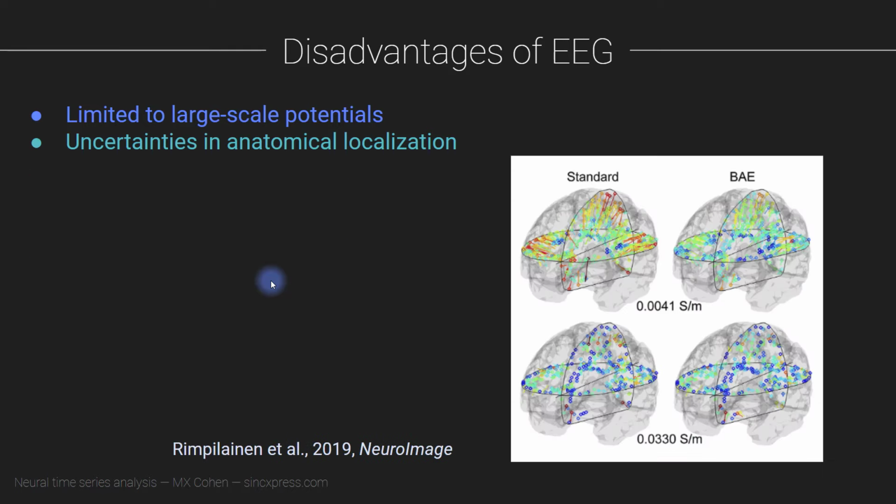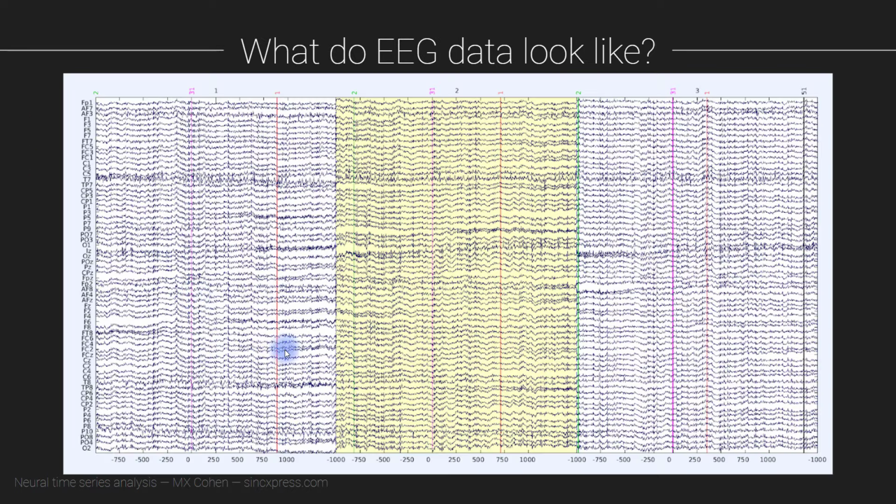And that's similar to this plot here, where I showed you that we can determine with millisecond precision exactly when the picture appeared on the screen and exactly when the research participant pressed the button. However, if you're studying a slower cognitive process, you might not know exactly when that process happens, and therefore the temporal precision of EEG is actually going to be a disadvantage.